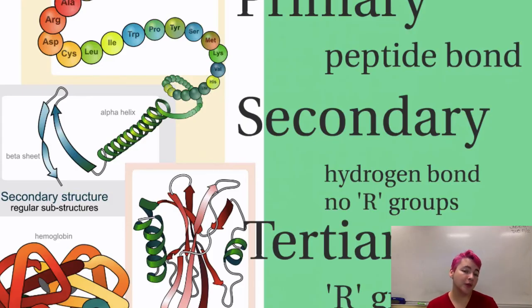There are no R group interactions here. It's just the carbon-nitrogen backbone that's going to be creating this. And in the secondary can be beta sheeting, which is a back and forth, or we can have alpha helixing, which is this spirally shape.